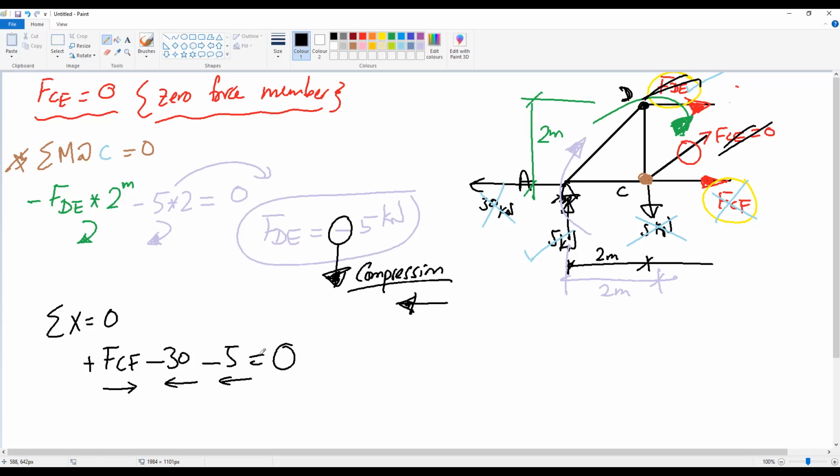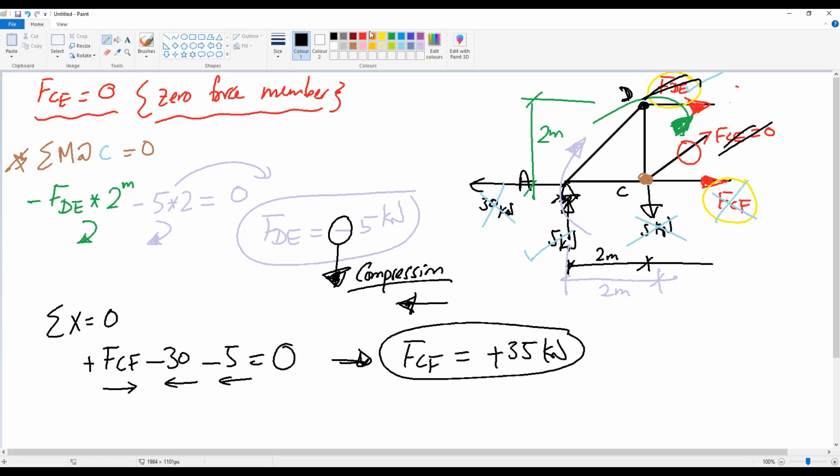All this should give us 0 at the end. So finally, we find that FCF equals positive 35 kilonewton. What is meant by positive here? The positive sign means tension, and this means that this force is going to the right.